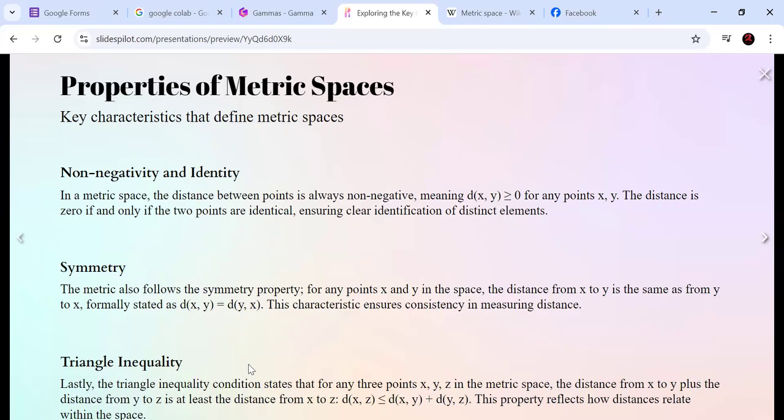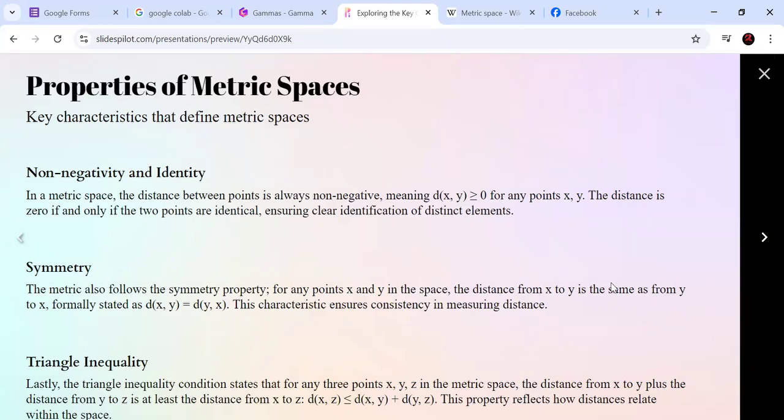The distance of x to z is less than or equal to the distance of xy plus the distance of yz. This property reflects how distances relate within this space. So the third property of a metric space is the triangular inequality.